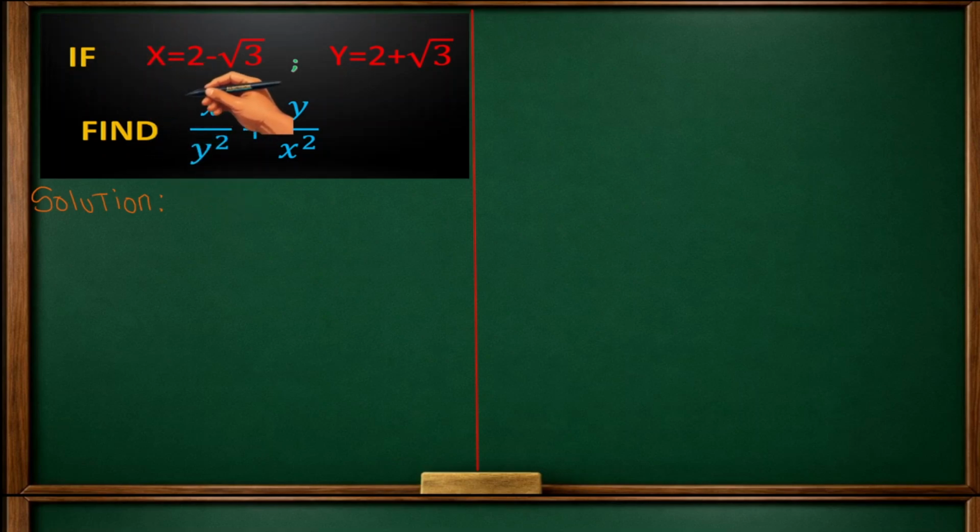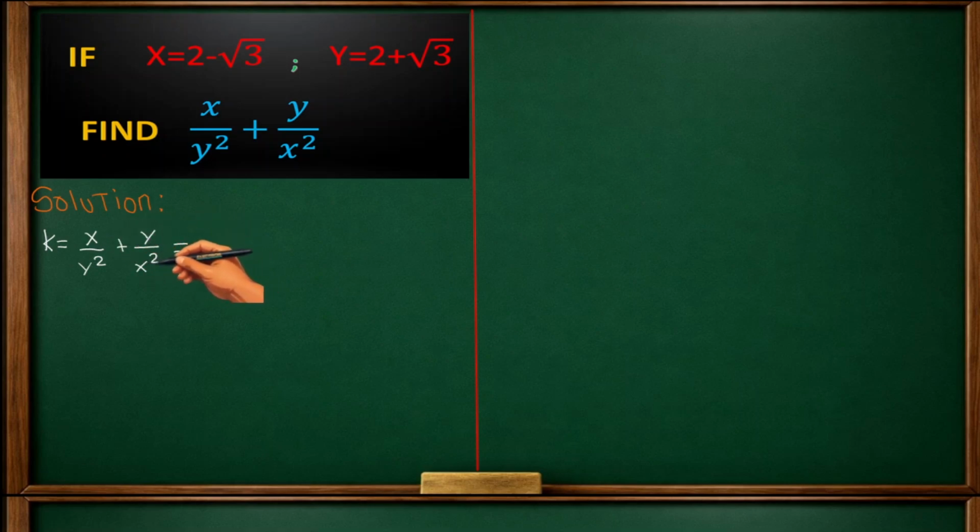If x equals 2 minus square root 3, y equals 2 plus square root 3, find x over y squared plus y over x squared. Let k equal x over y squared plus y over x squared.